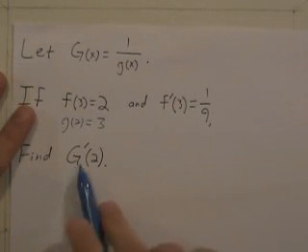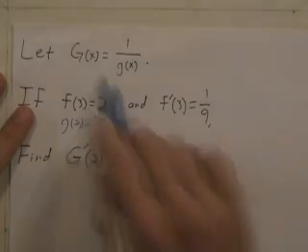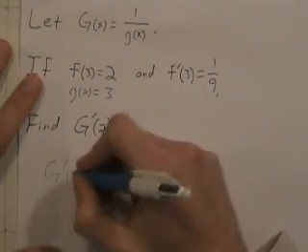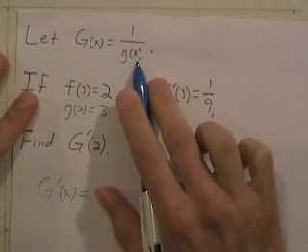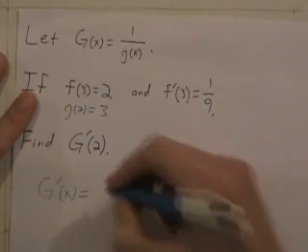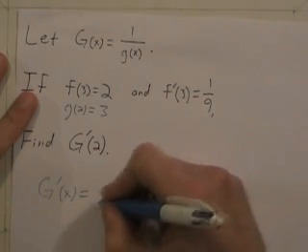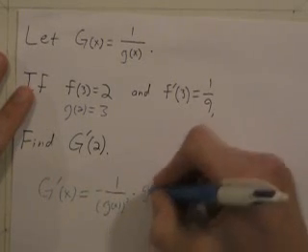So before I find big G prime of 2, I have to differentiate big G. Need a little chain rule. So big G prime of x equals, I'll need the chain rule, the reciprocal, that's minus 1 over g of x quantity squared by the chain rule times g prime of x.